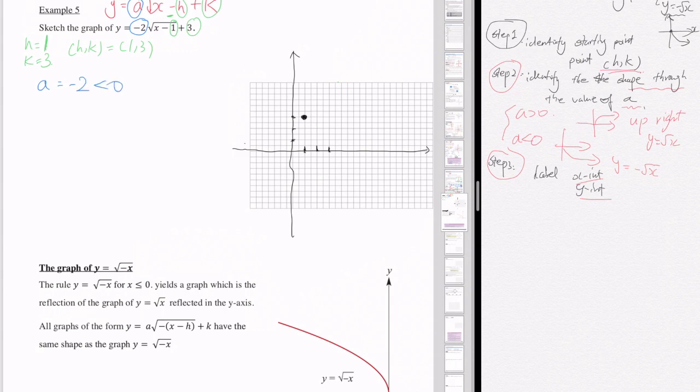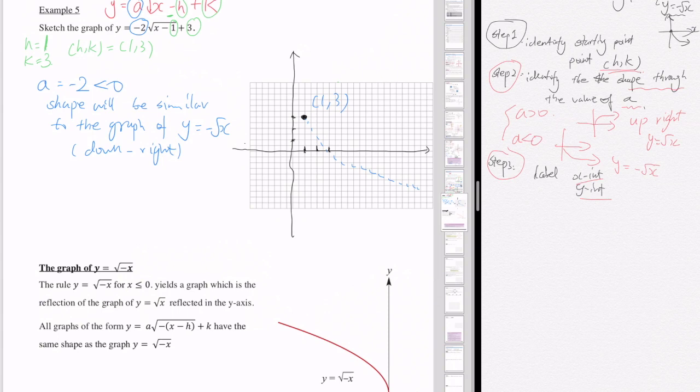That means the graph's shape will be similar to the graph of y equal to negative square root x. So the graph is going to go down and to the right from the starting point (1, 3). Okay, so now we finished step 2.